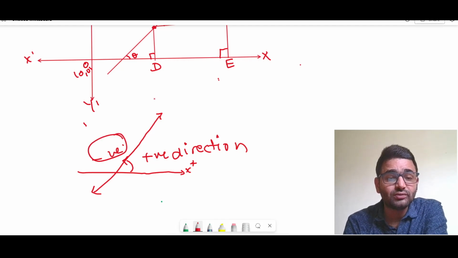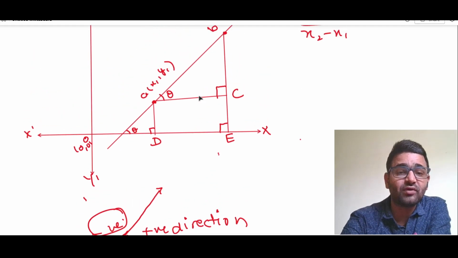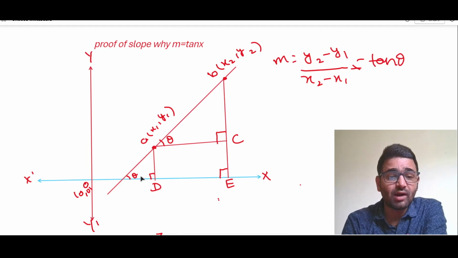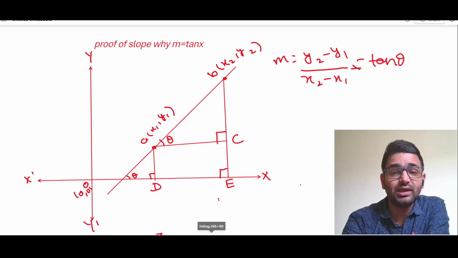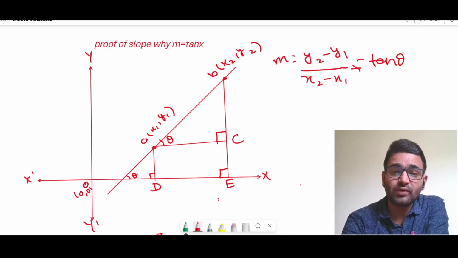I hope you have understood this. So the angle made from the positive direction is our slope.